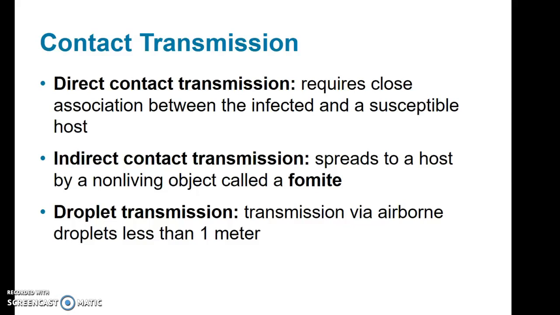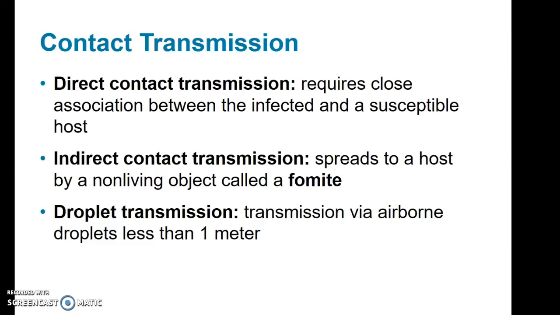So you have contact transmission. You can have direct contact transmission, which requires very close association between someone who has the disease and a potential host. There's also indirect contact transmission, which is a microorganism that can spread to a new host from a non-living object.